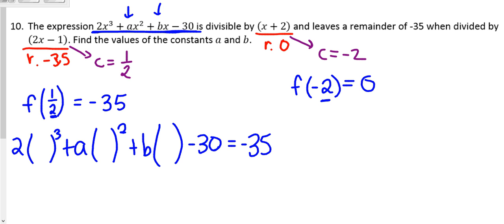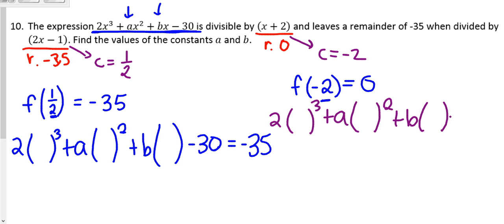And when we plug in the negative 2, we have 2 times something cubed plus a times something squared plus b times something minus 30 equals 0. Over here, we're plugging in 1/2. Over here, we're plugging in negative 2.